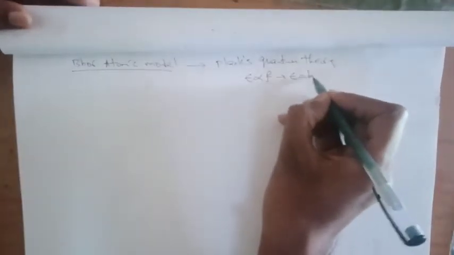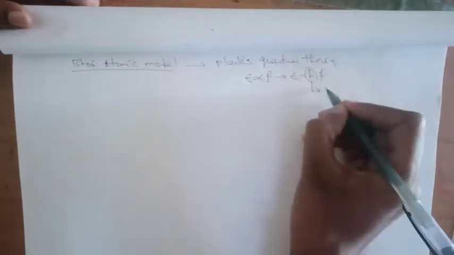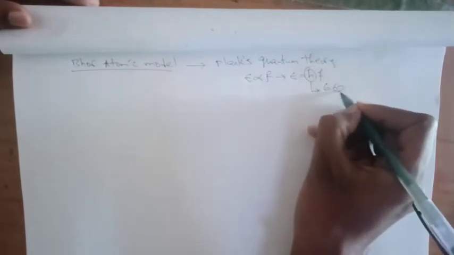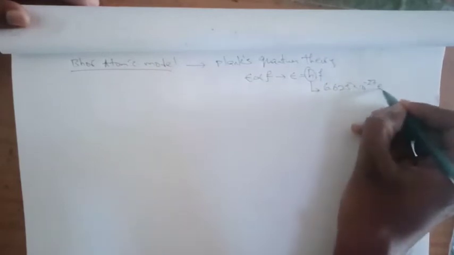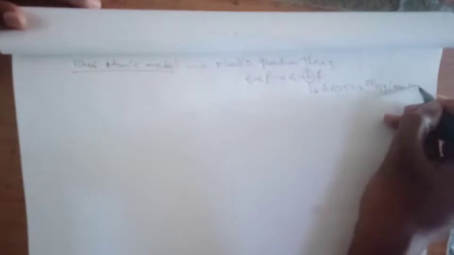That means energy equals h into f, where h is Planck's constant. The value of Planck's constant is 6.625 into 10 power minus 27 erg second in the CGS system.